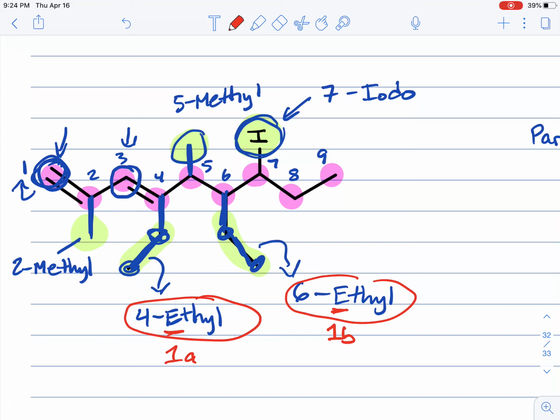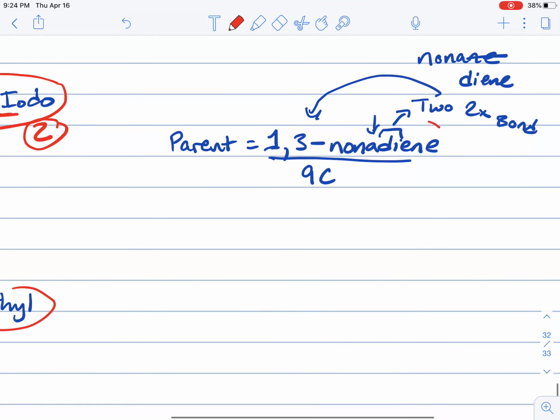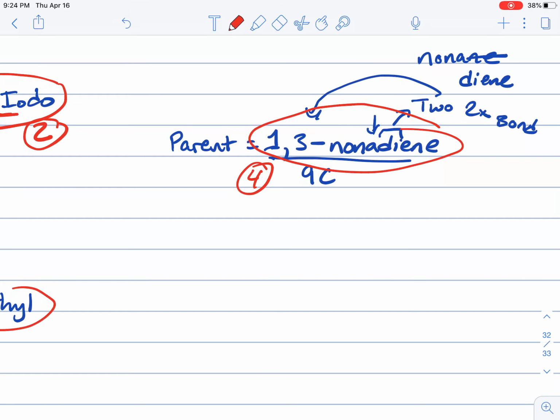And so I have the E's, and then the next one is the I. So this is probably the second piece I'm going to name, and then I have the methyl. So this is probably 3A, and then this is 3B. The reason why I'm putting A's and B's is because I'm going to combine them, right? They're both methyls, they're both ethyls. Okay. And so the last item I'm going to add in my naming of this compound is my parent chain.